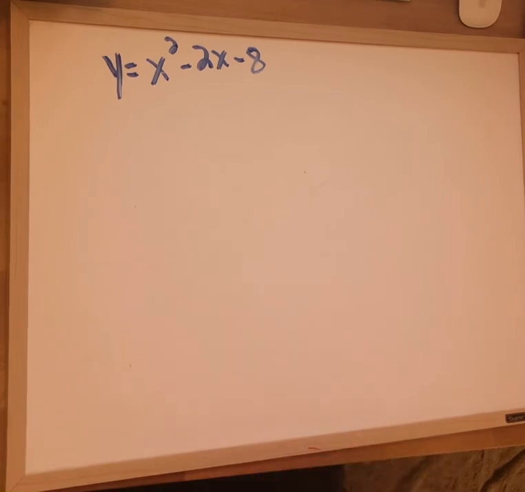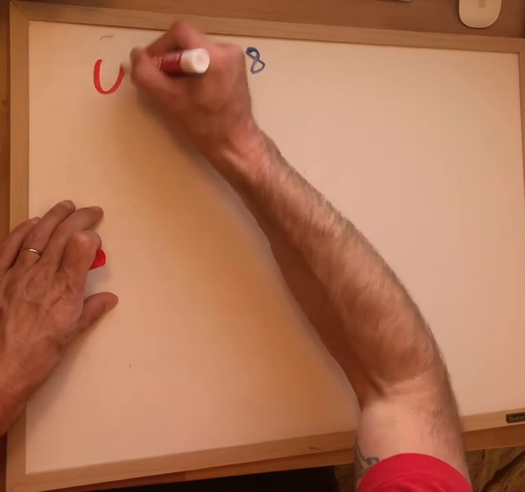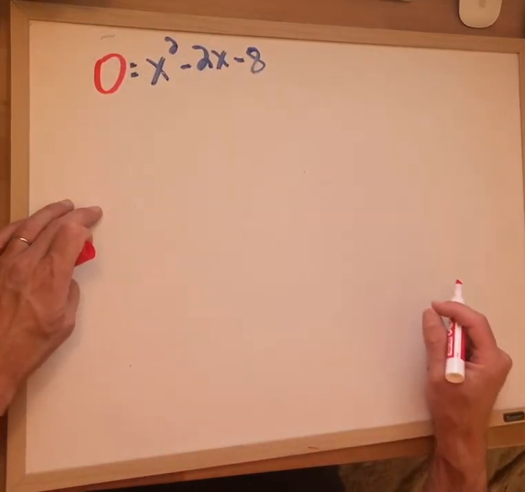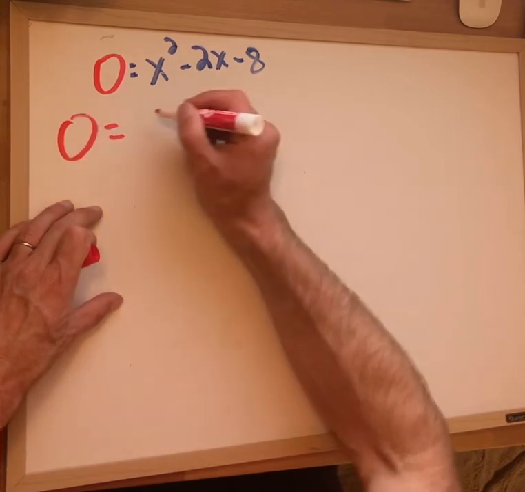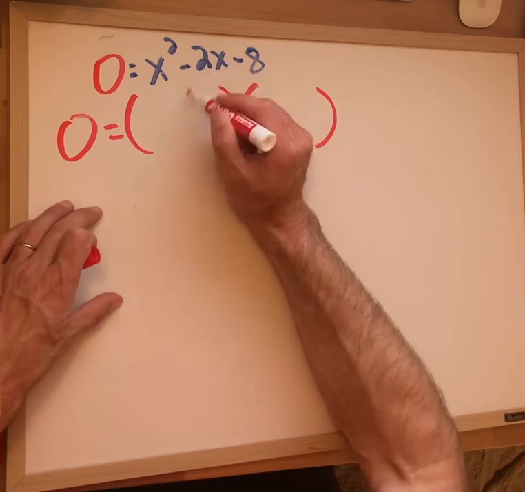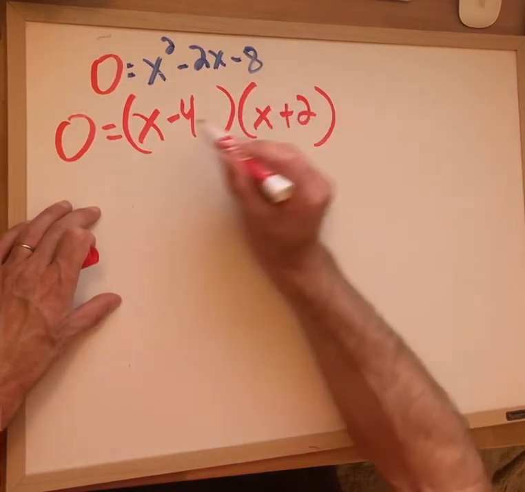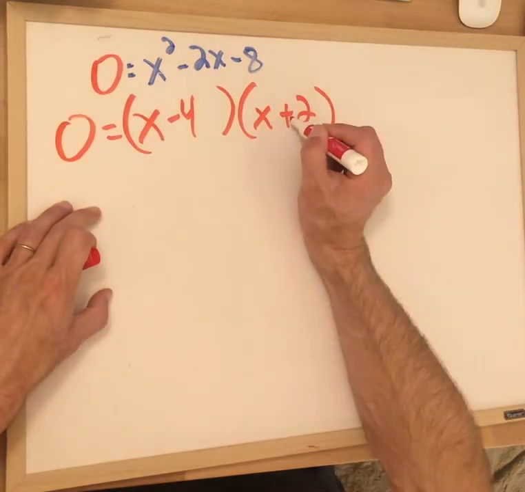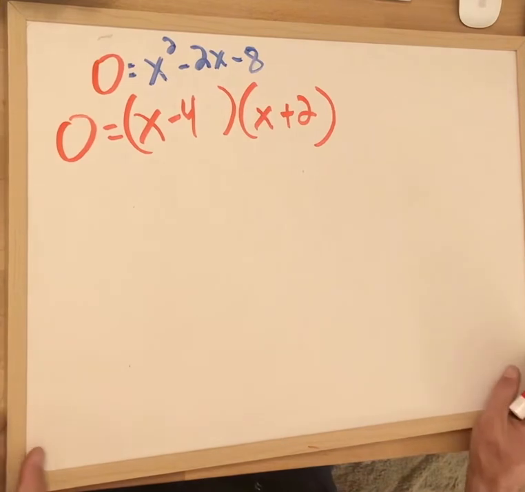Step number 1 is set this y equal to 0. And then factor this, which is what I did a few minutes ago. Two numbers that multiply together to get negative 8, add together to get negative 2: negative 4 and a positive 2. Or x plus 2 and x minus 4. You can just flip these. It really doesn't matter.